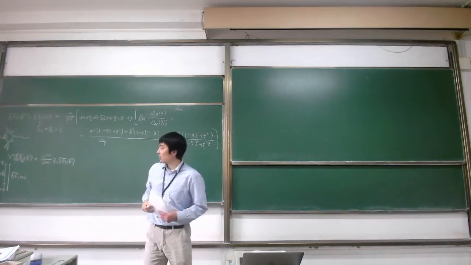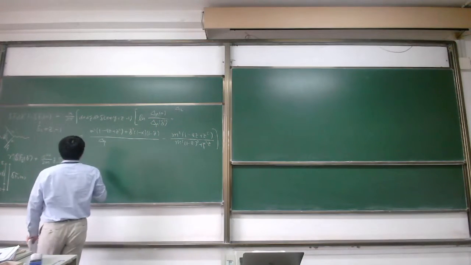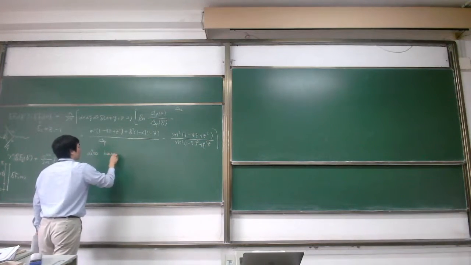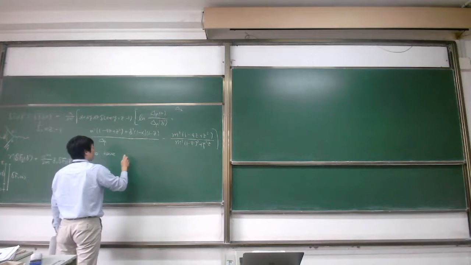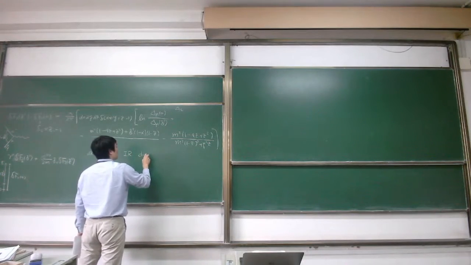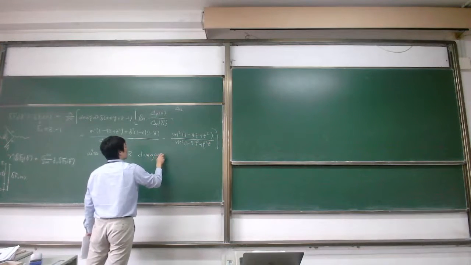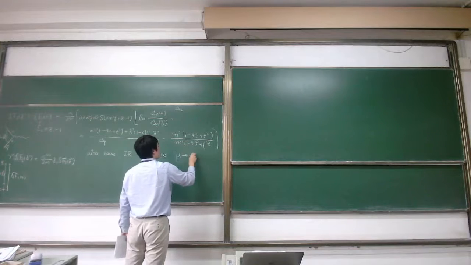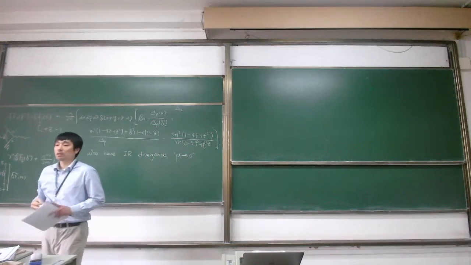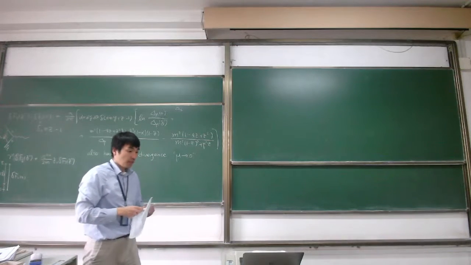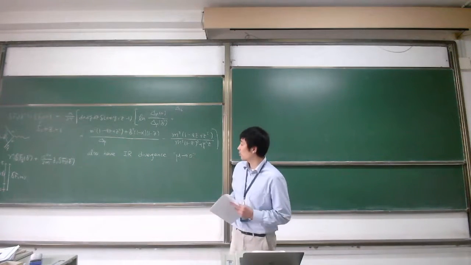But now, as I mentioned last time, it also has IR divergence, which means mu goes to 0. When mu goes to 0, this integral also diverges. And we will see how to avoid this divergence.